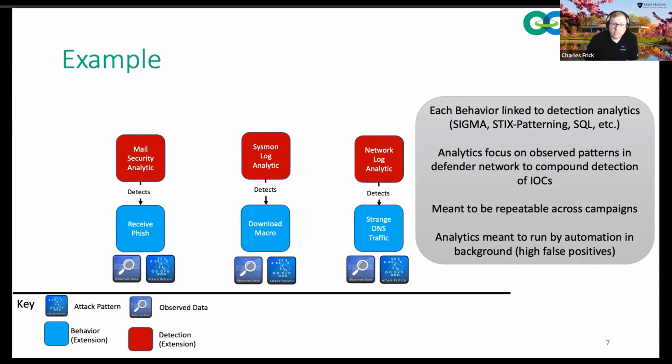Most of our examples, we tend to use Sigma or STIX Shifter because we want queries that can be repeatable and also can translate to many different production environments when it comes to tools like SIEM. But again, the idea is for these to be run in the background.